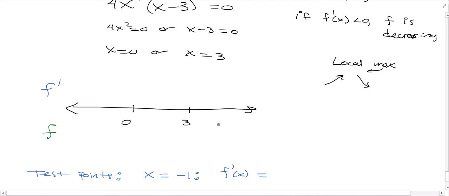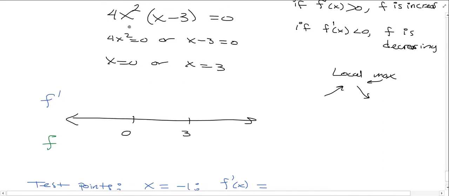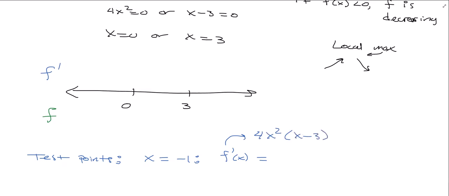When you plug negative 1 into the first derivative, which is 4x squared times x minus 3, what are you going to have? We're looking for the sign of the derivative.